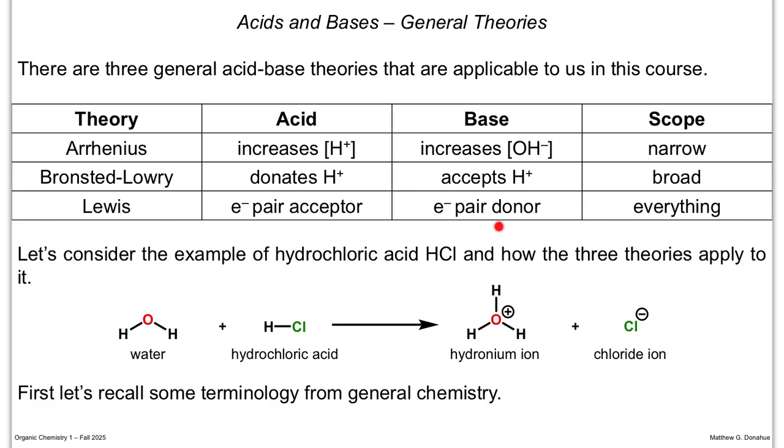A base in the Lewis sense is an electron pair donor. An acid is an electron pair acceptor. And so when we start pushing these arrows with the curved arrows, the Lewis definition is the best one to think about to understand mechanisms.